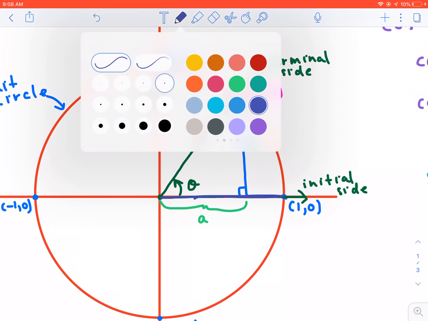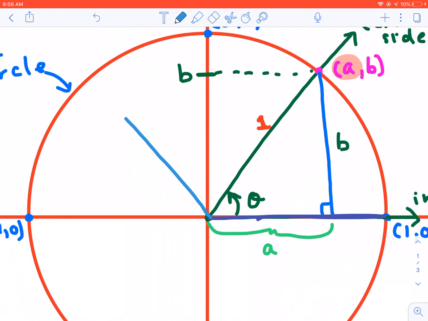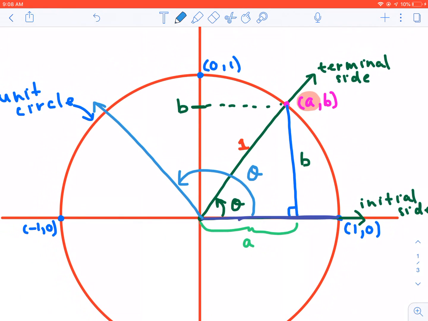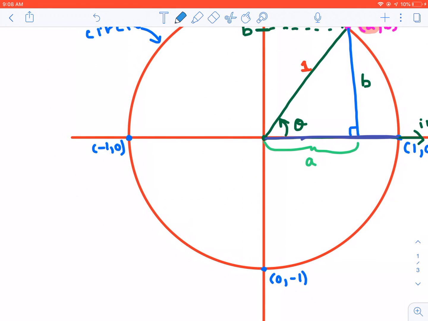We can also do the same thing for 90 degrees. But why this unit circle is so powerful is, well, now we can think about angle measures that are more than 90 degrees. That could be our angle theta. And the same thing would also apply. This could be our angle theta.